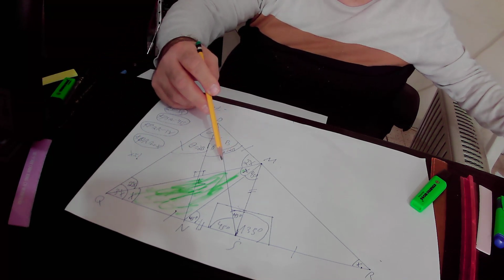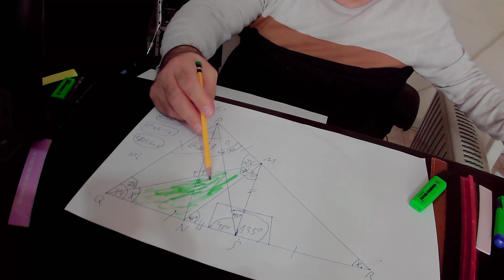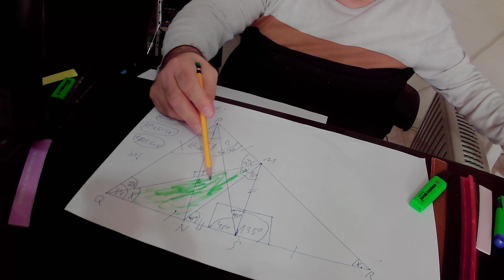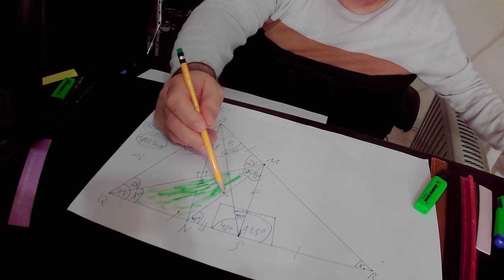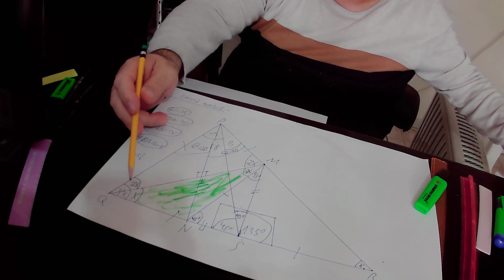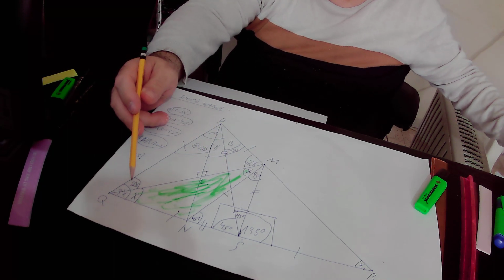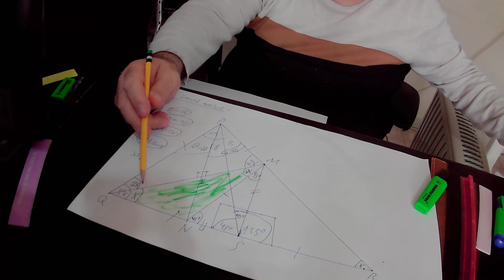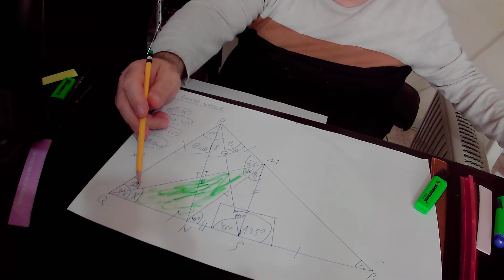So here the green triangle is an isosceles triangle because of the fact that MN equals NQ. And we know that in front of equal sides in the triangle there are equal angles.